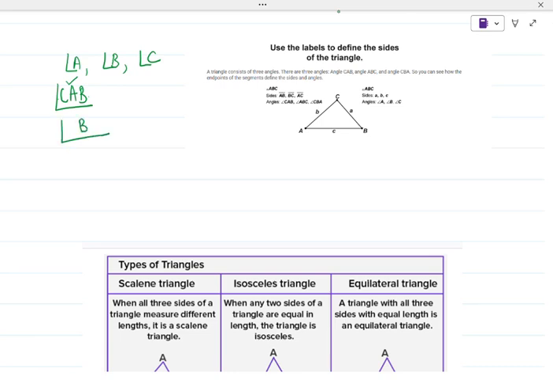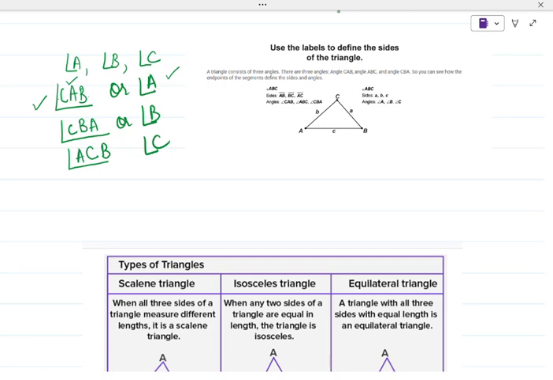B, whose bodyguards are C and A. C and A are the bodyguards of angle B. The third angle is C, and its bodyguards are A and B. So we can write angle A, angle B or angle C. These are all the same thing. CAB and angle A are the same thing. You can write it in both ways.